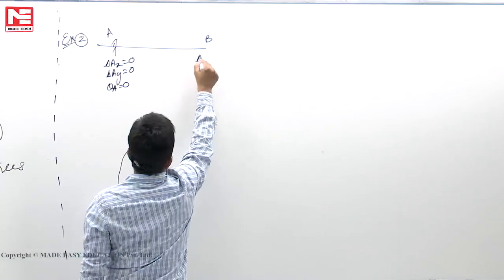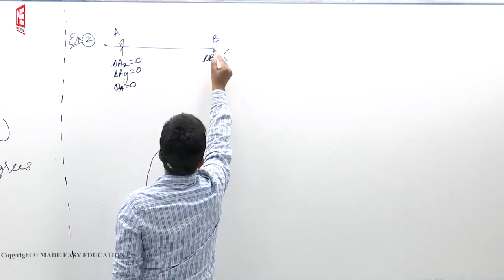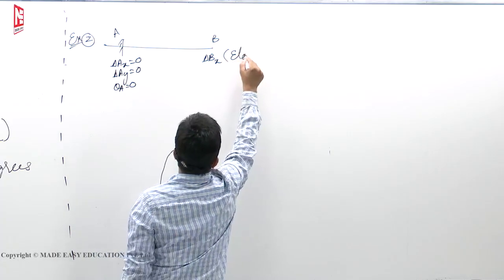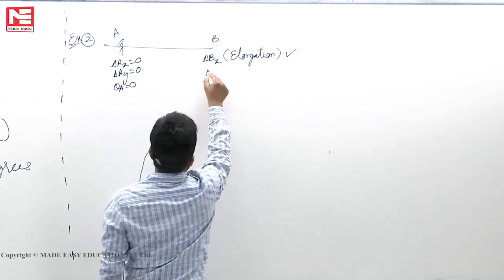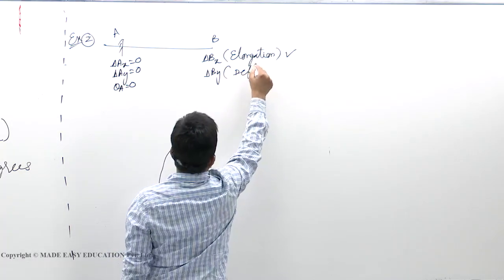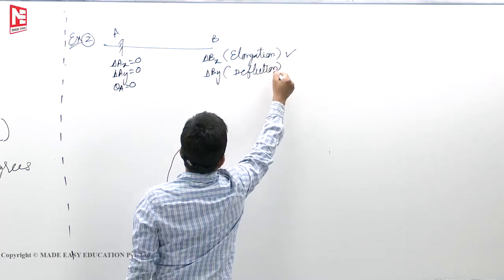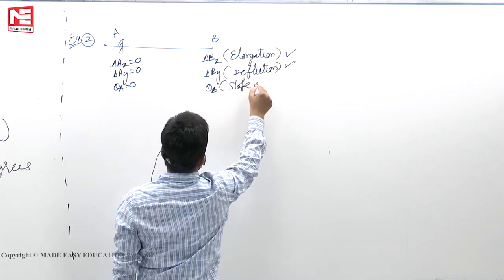Here, displacement of B in x direction will exist. Displacement of B in x direction means what? Elongation. So, this can be possible. Displacement of B in y direction, we call it as deflection. Possible. Theta B, that means slope at B, is also possible.